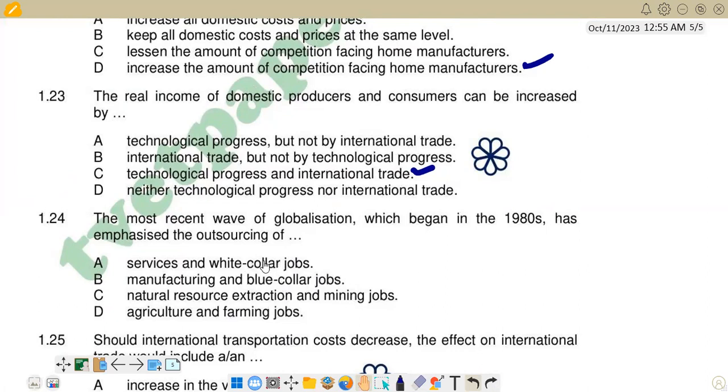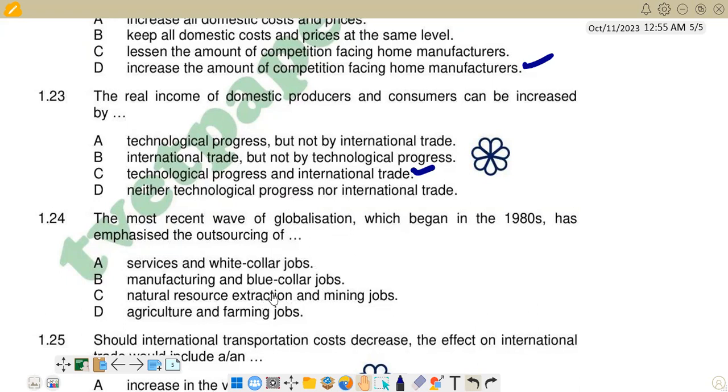Services and white collar jobs, we have seen that happening due to globalization. Globalization also explains the exchange of goods and services worldwide. Services are being exchanged due to the wave of globalization. And also the white collar jobs, we have seen professionals moving out of the country, going to other countries. So services and white collar jobs is appropriate there.